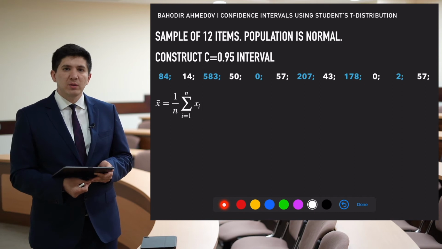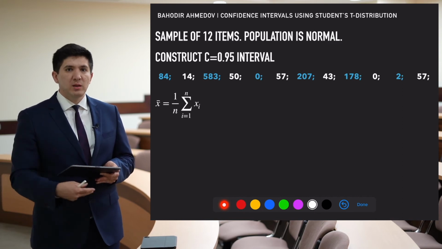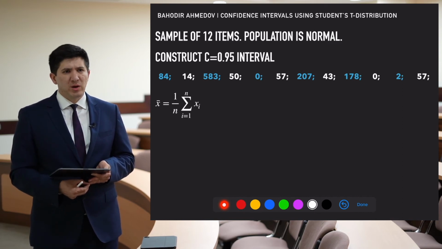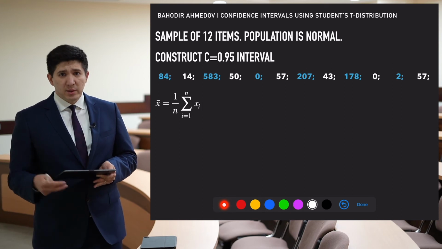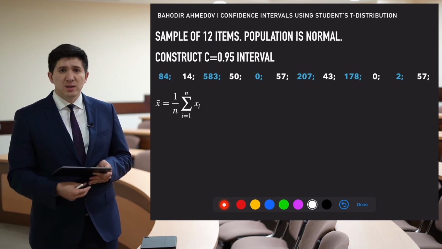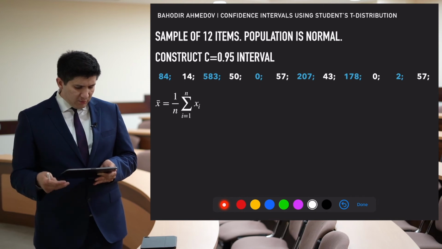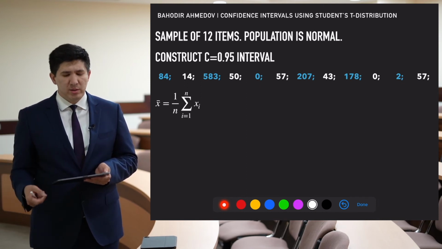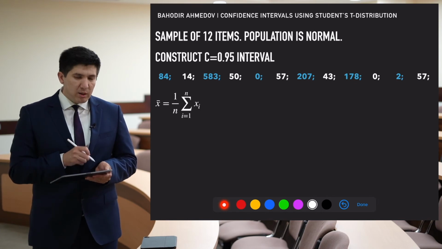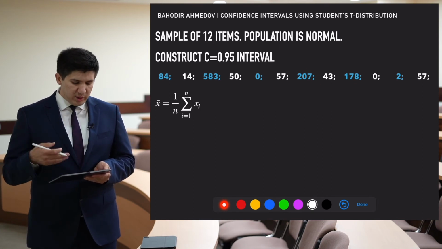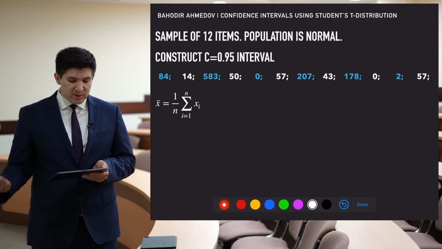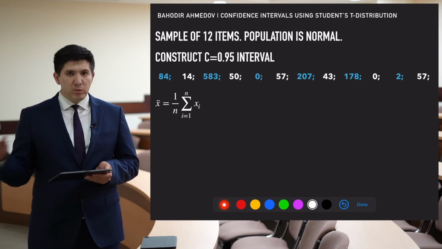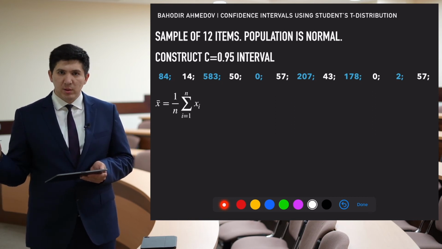It is really difficult because the person whom you're taking the blood test from should not eat for at least 12 hours. So let's assume that we've been able to take this test for insulin for only 12 persons. We measure some level of insulin there. Here are the measurements: 84, 14, 583, 50, 0, 57, and so on. There are 12 measurements, 12 items in your sample.